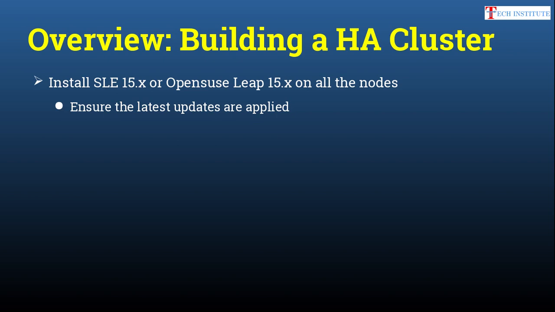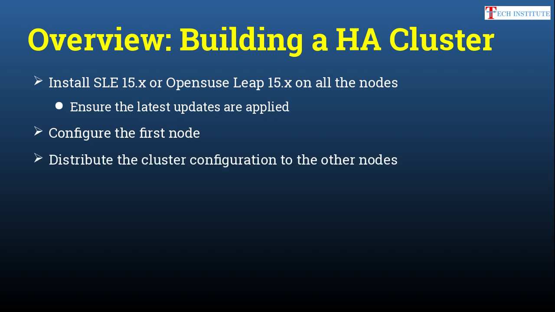Then you configure the first node. For this you can use the HA bootstrap scripts. Once your first node is done and your cluster is created, you distribute that configuration to your other nodes, or in other words you add new nodes to the cluster to make it a 2 node or 3 node cluster.